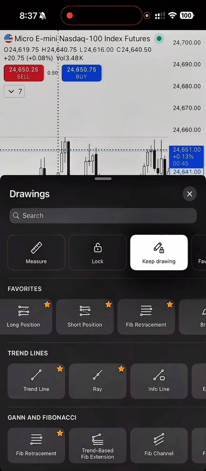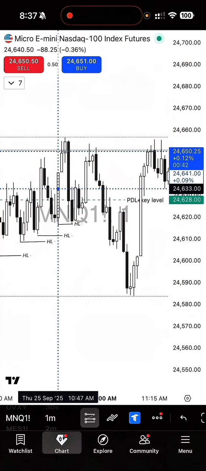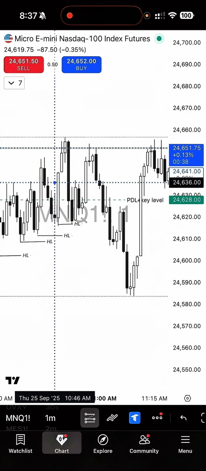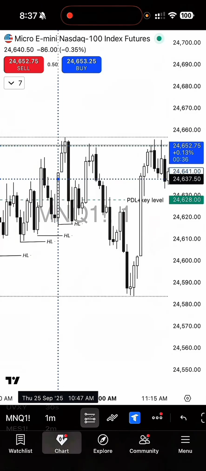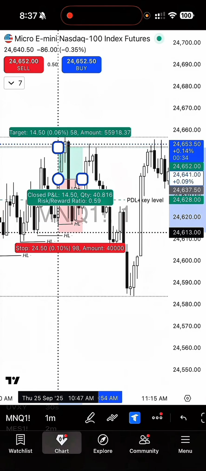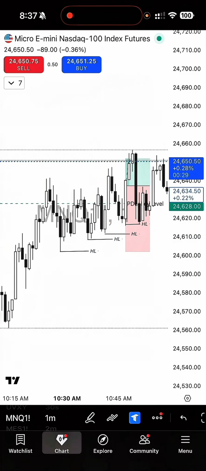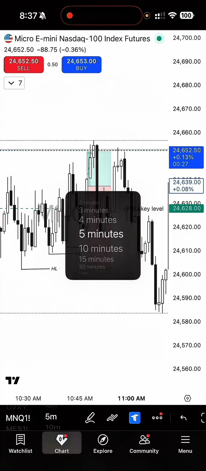Short, long. I entered, I believe, around above this area, somewhere here. I entered there. My stop loss was actually pretty huge, just because I wanted my stop loss to make sense.